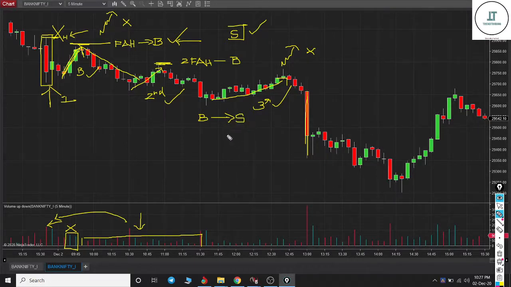Once they were forced to sell, price started moving faster in a single candle. This candle range was almost 300 points. 300 points of price movement in a single Bank Nifty 5-minute candle is not at all a small deal. It is a very big deal.